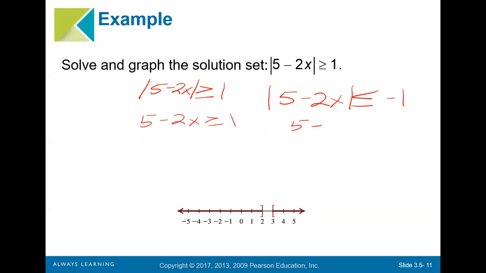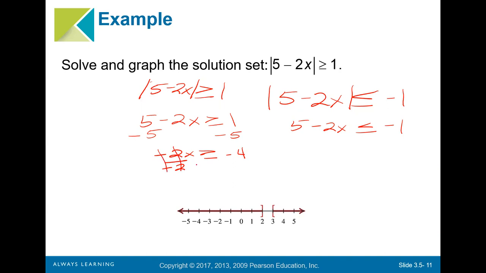Now let's drop the absolute value sign, and let's solve. I'm going to subtract the 5 from both sides, so we can get the -2x by itself. 1 minus 5 gives me a -4. I need to divide by the -2 because I need a +1 coefficient on it.